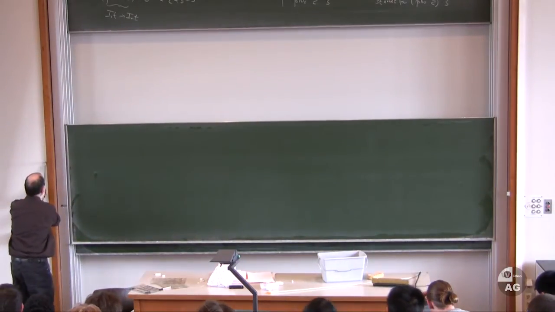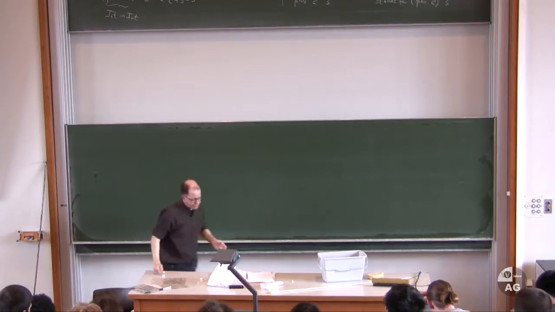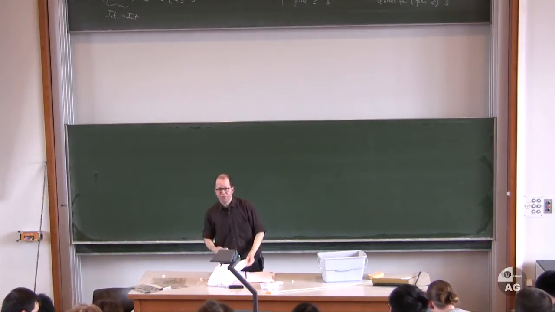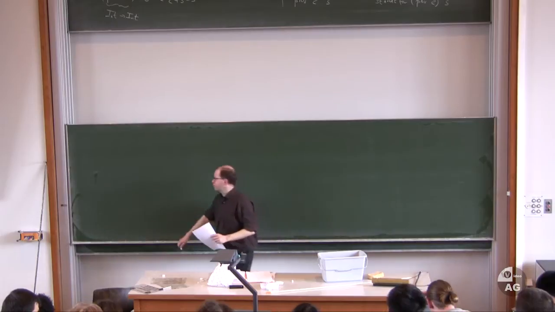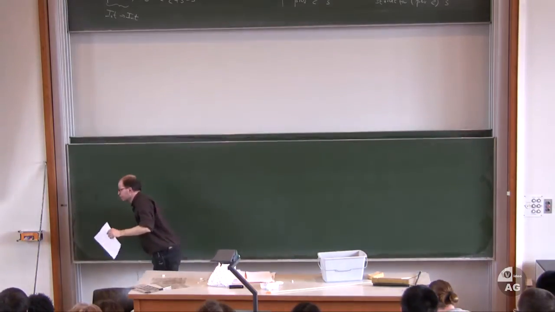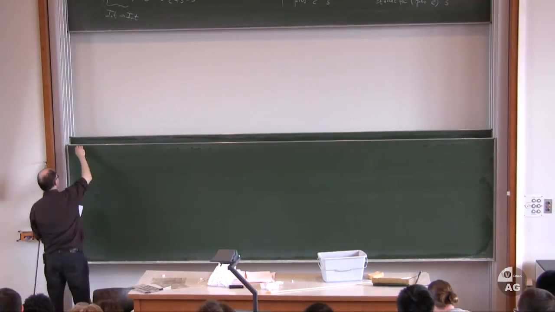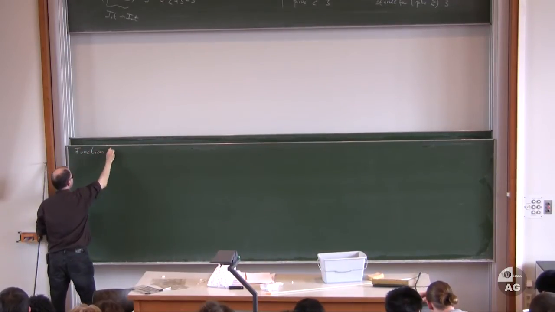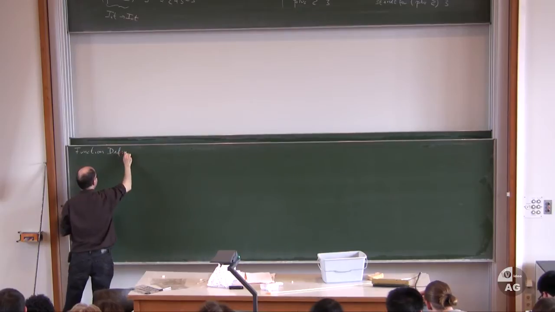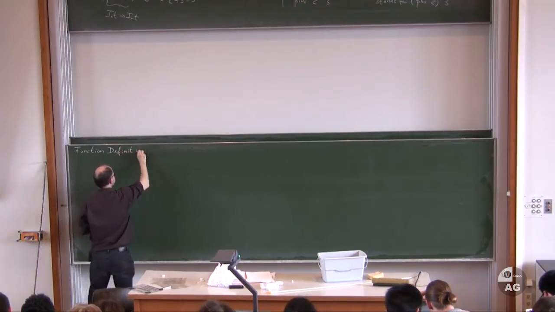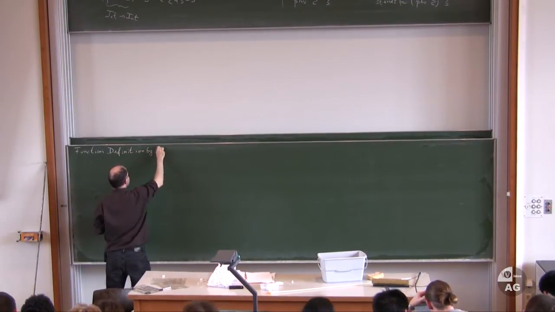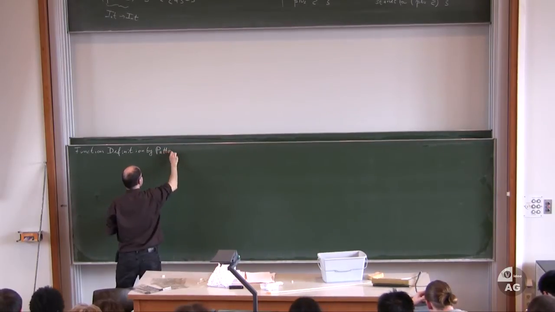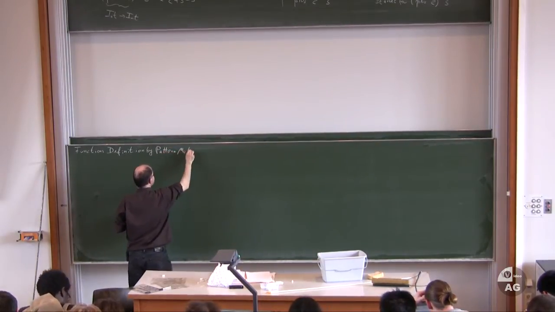And the idea is that we use several different defining equations for different forms of arguments. So for different forms of arguments described by patterns. And so this concept is called function definition by pattern matching.